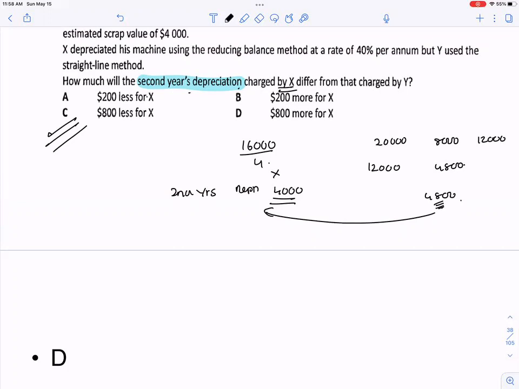Y has charged $800 more. Second year's depreciation charged by X. This is 800 less. Differ from that charged by Y.